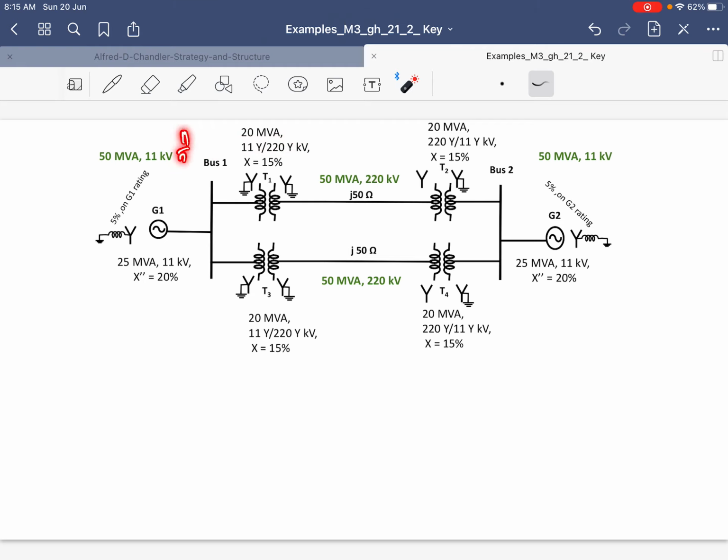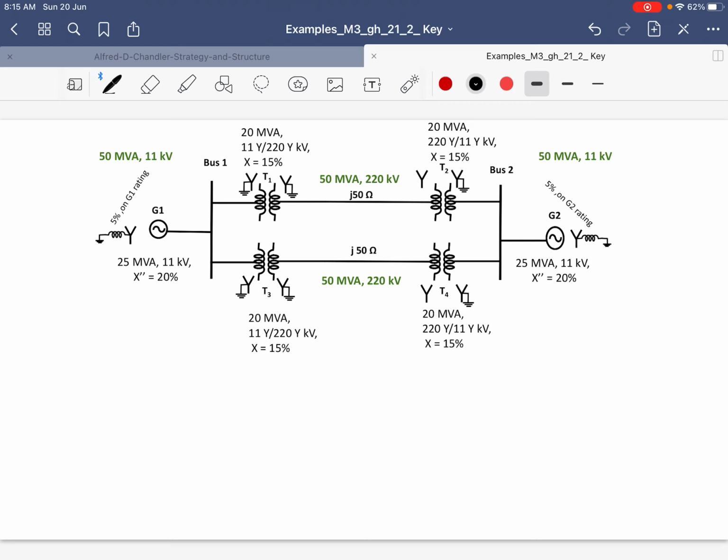That is, 11 divided by 220 into 220, therefore we get 11 kilovolts here. Similarly, here also we get 11 kilovolts. Means first you have to specify the new base quantity in all sections of the power system. Next, you have to find the per unit quantity of each equipment of the power system.